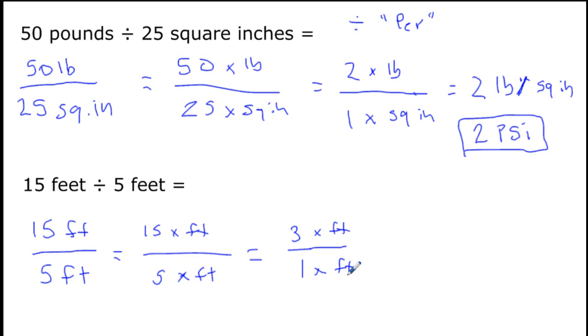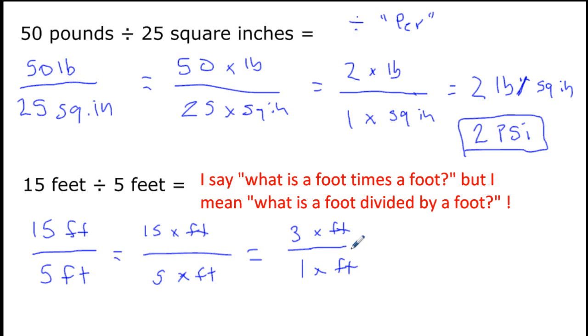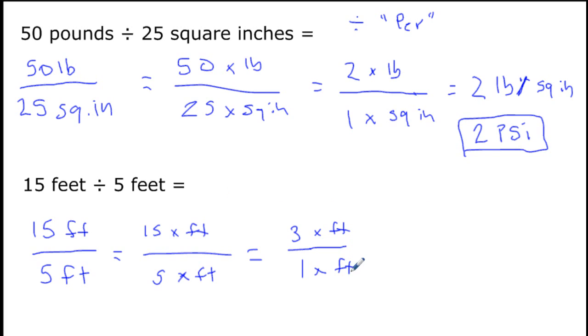So what's a foot divided by a foot? Well, this is a situation where we need to think about what rules we follow when we're dividing numbers, and specifically what about when we're dividing two numbers that are the same? So, for example, what if we had 6 divided by 6? I'm just making something up here. 6 divided by 6 is, of course, 1.